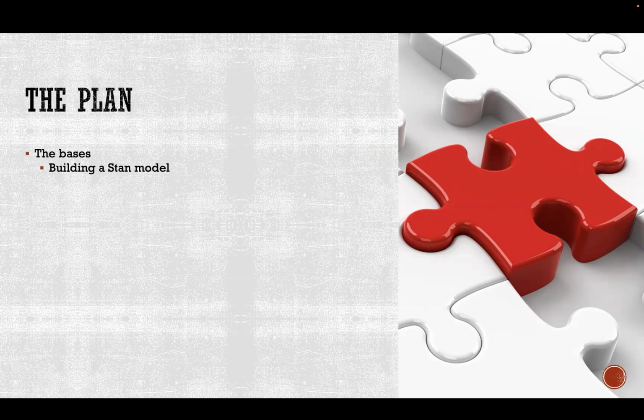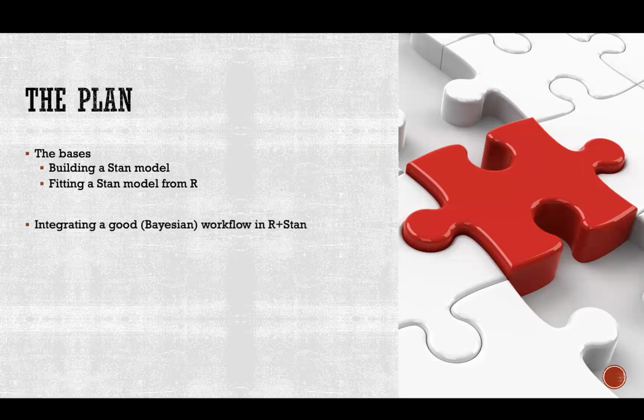And now we're going to take a step back and actually go through all the steps of how you build a model in Stan and discuss the different ways in which we can make choices about how to code it. And then we will move on to how we integrate that in our R framework. I know some of you are using Python, but that's absolutely fine. You can just twist that part.